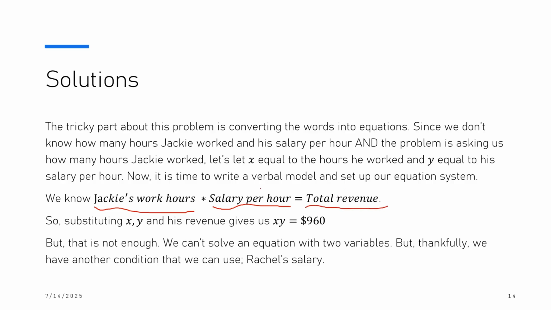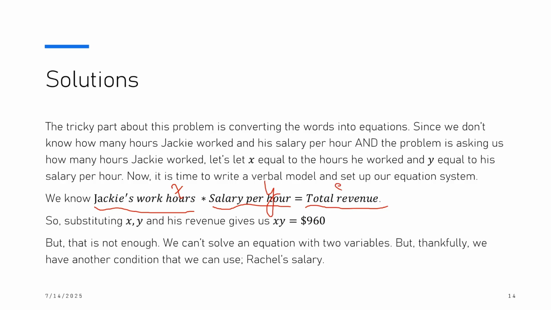So that's basically our verbal model that we're setting up, and since we know no relationship between x, which is how many hours he worked, and y, which is his salary per hour, we can define two separate variables for these. So we substitute Jackie worked for x hours and he has a salary of y per hour.